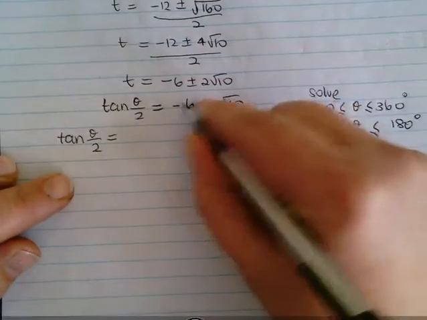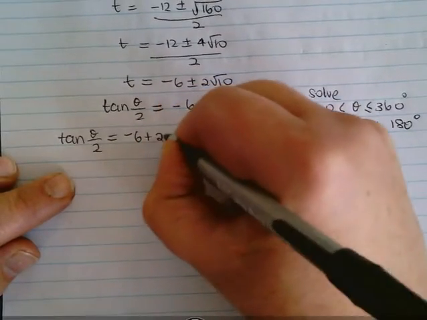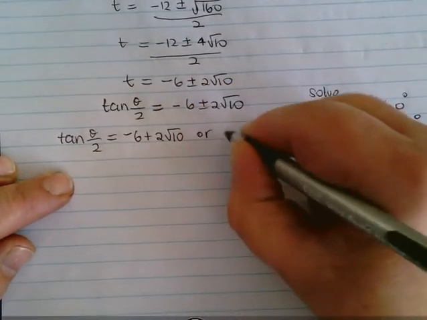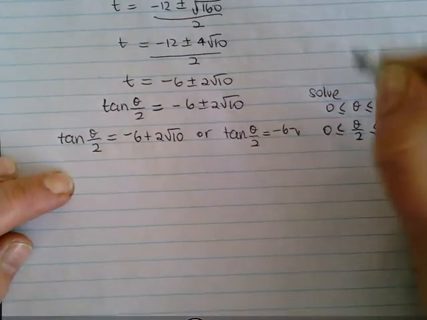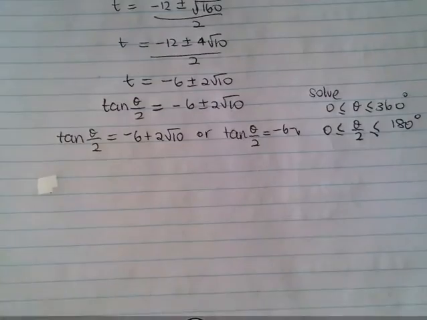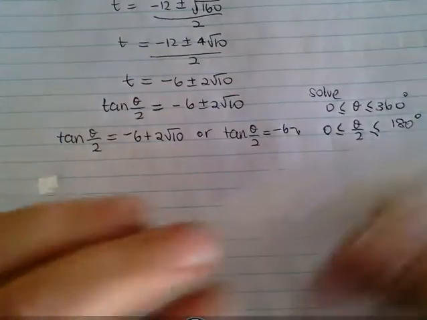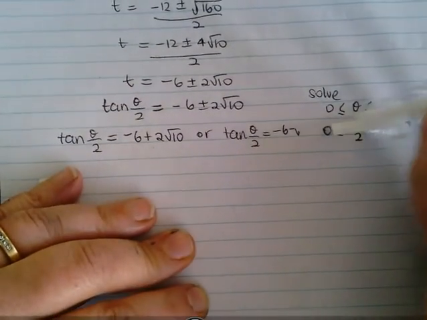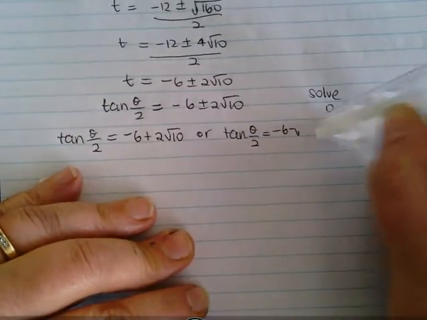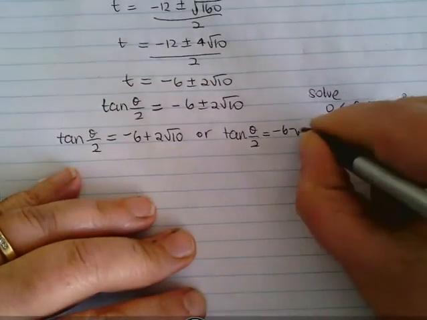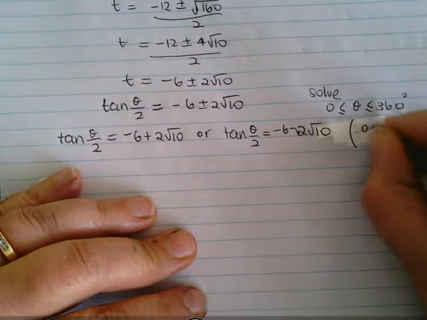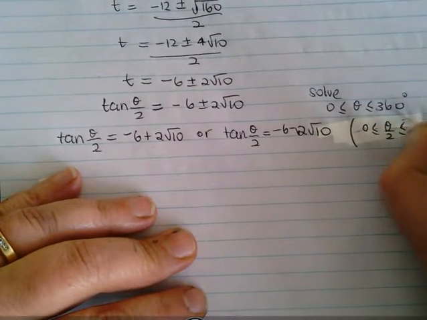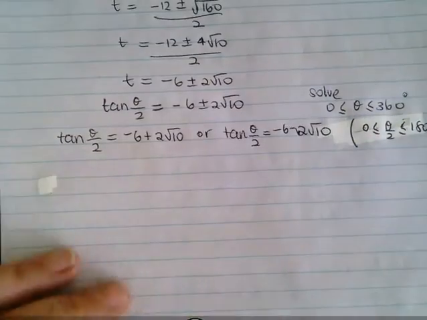Tan theta on 2 is either -6 plus 2 root 10 or tan theta on 2 equals -6 minus, sorry, I'm running out of room, minus 2 root 10. So remember my domain is from 0 to 180 for the angles of theta on 2.